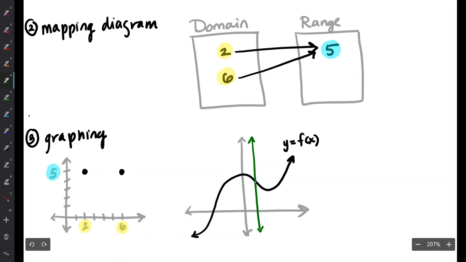The fact that there's only one intersection means that 1 was only sent one place. And I don't care where it goes. Maybe we send it to 3, but I care that it goes to just one place.